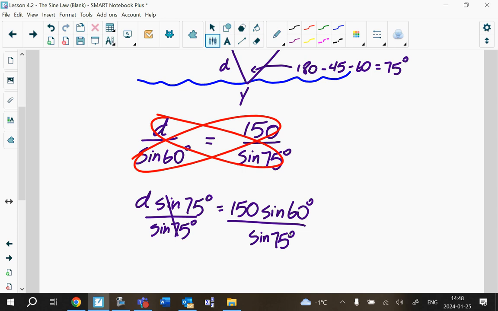And d is going to be approximately, and we are asked for 1 decimal place, anybody get it? 134.5 meters. Good.